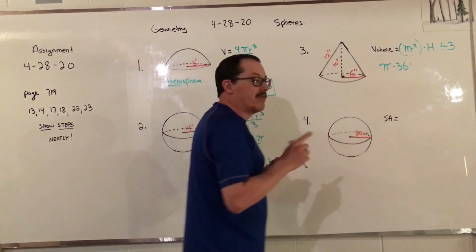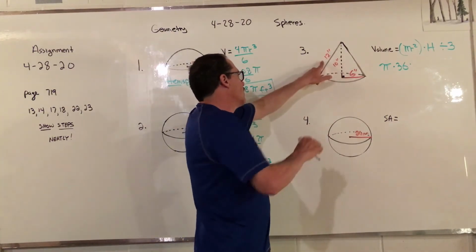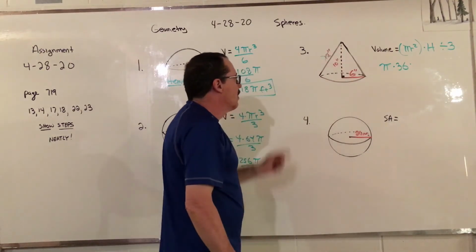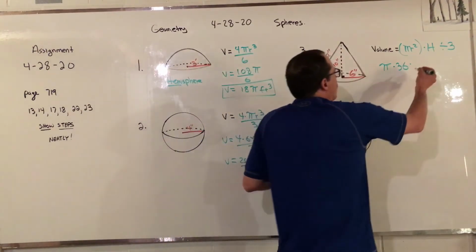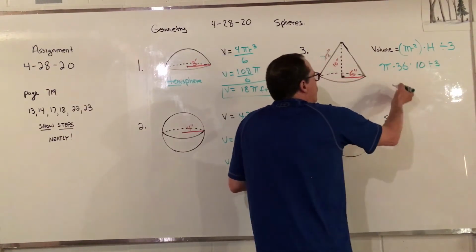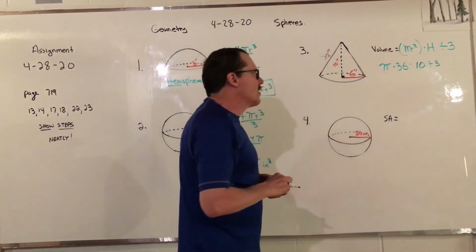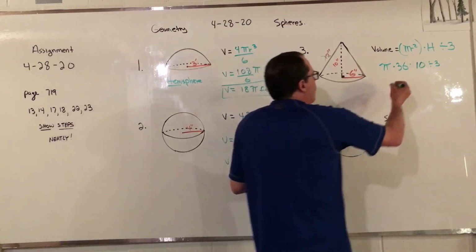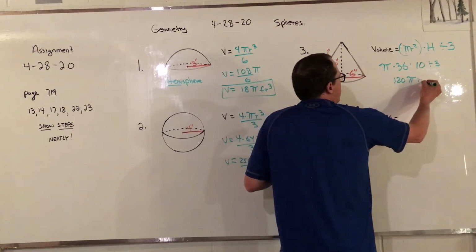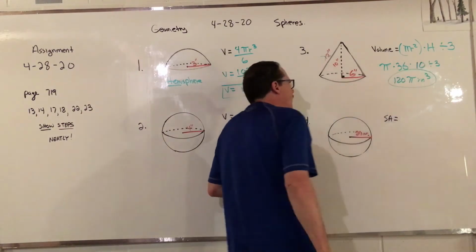Now the height when you're doing volume is the inside height. This other one is what you'd use for the surface area, so I'm going to cross that out so I'm not confused with it. I want to use the 10. So it would be times 10, all divided by 3. 36 times 10 is 360, and 360 divided by 3 is 120. So this would be 120 pi, and then that would be inches cubed. And I'm done. Don't forget to divide by 3.